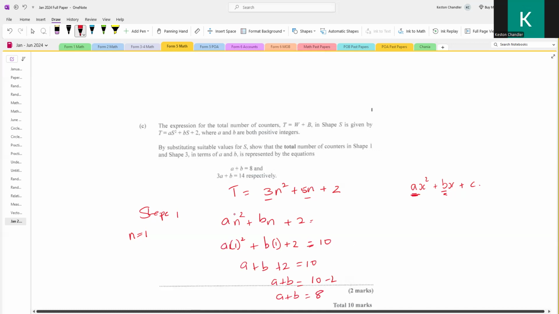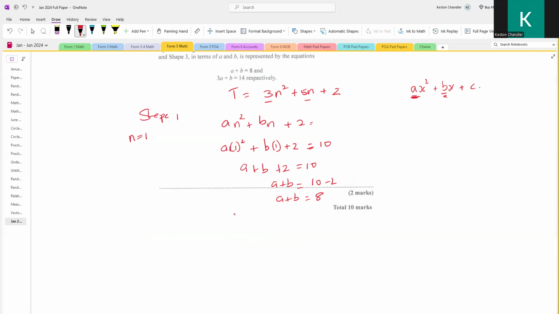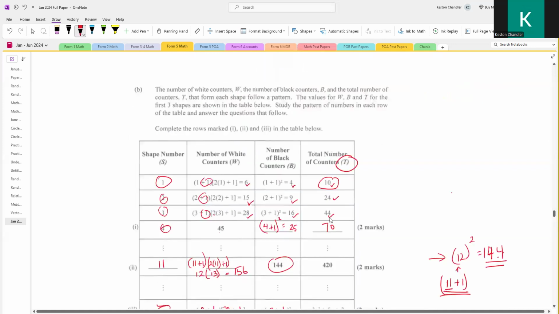Let us look at shape 3. In shape 3 now, n is going to be 3. The formula is An squared plus Bn plus 2, which is going to be equal to what now? Shape 3 was 44.